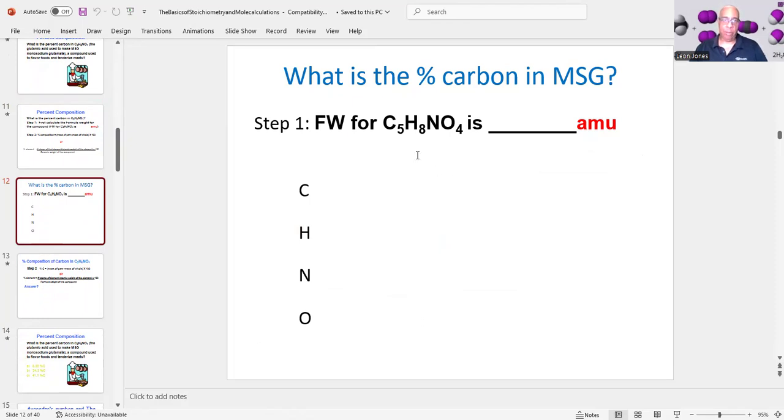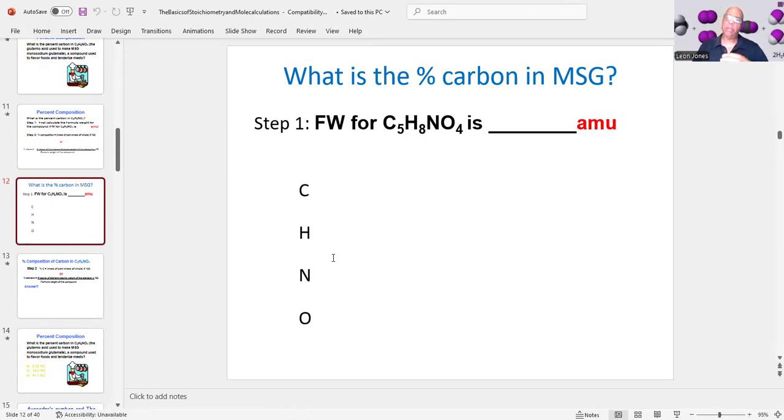Again, they broke it up here. Now, you have C5H8NO4. Now, I already know what all 4 of those elements are. C is carbon, H is hydrogen, N is nitrogen, and O is oxygen. Now, I know hydrogen has an atomic mass unit of, let's say, 1.0079.